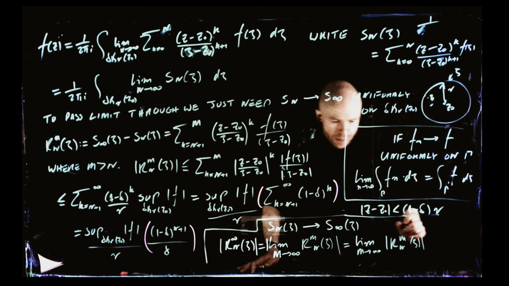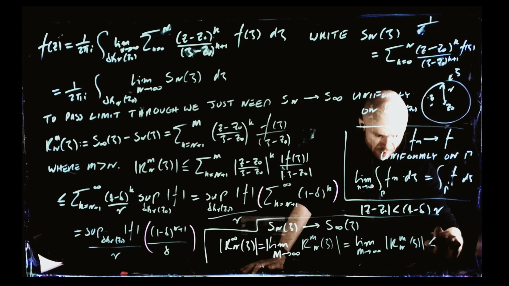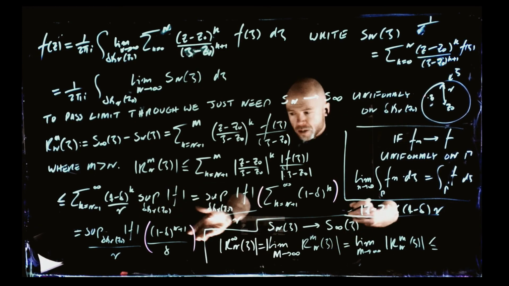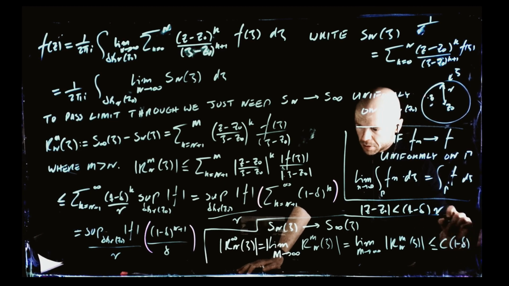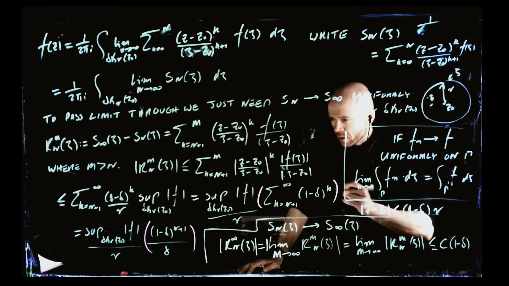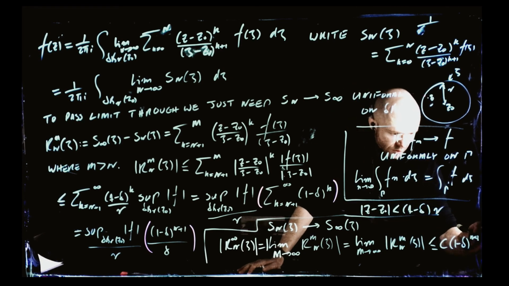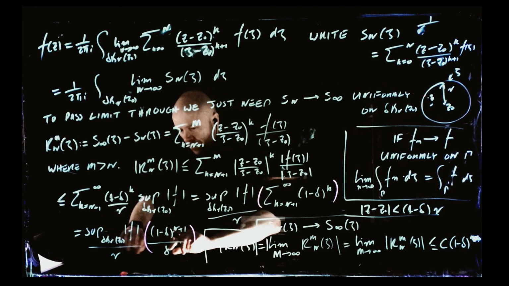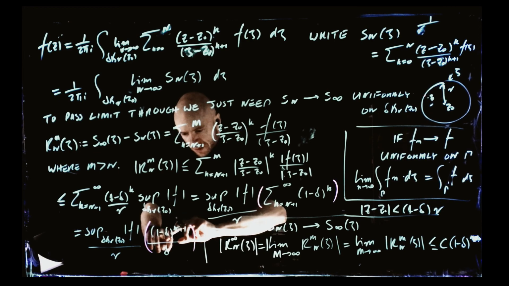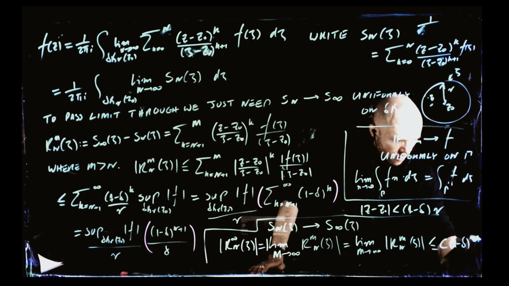And this guy is always less than this particular estimate, some constant times (1 minus delta) to the n plus 1. I'm running out of space, so I'm putting everything that isn't the (1 minus delta) to the n plus 1 as a constant, because it's not moving with respect to n.